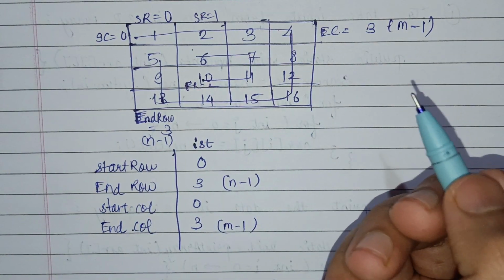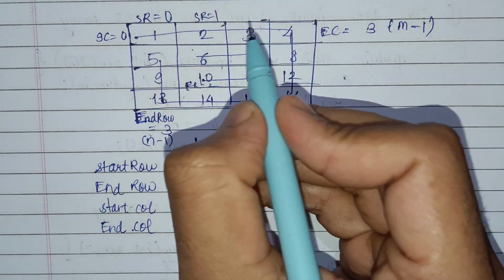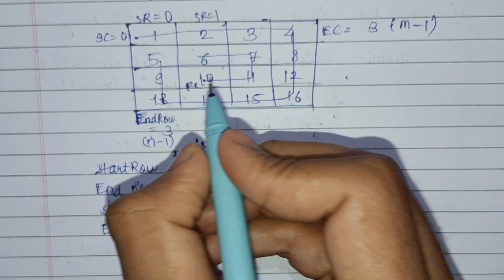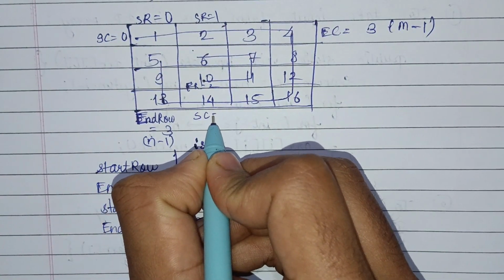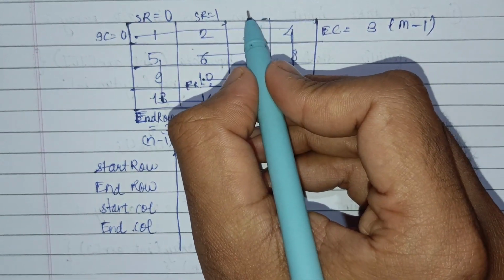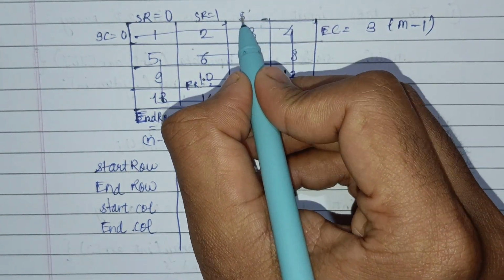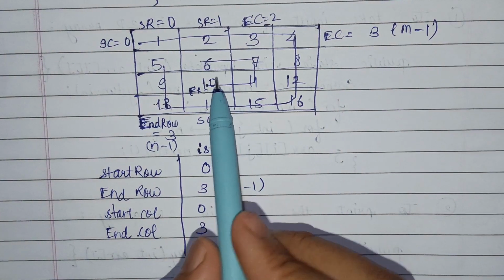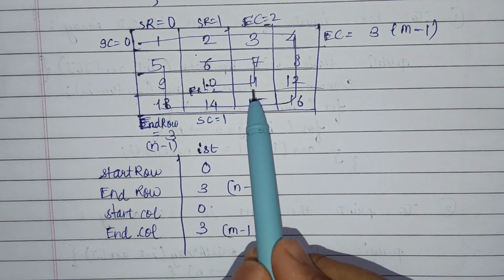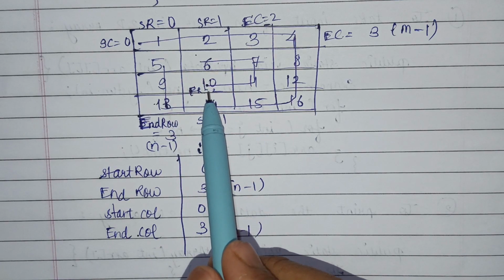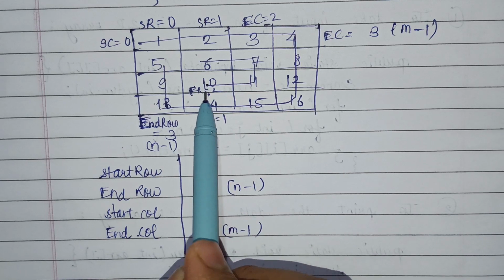Then our starting column will be 1 and ending column will be 2. The starting row of the inner loop starts from 1 and ends at 2.